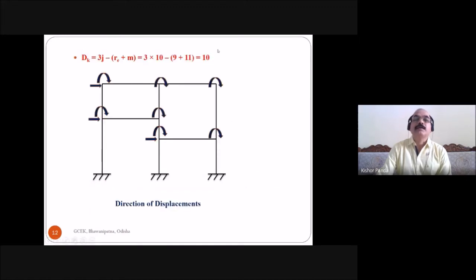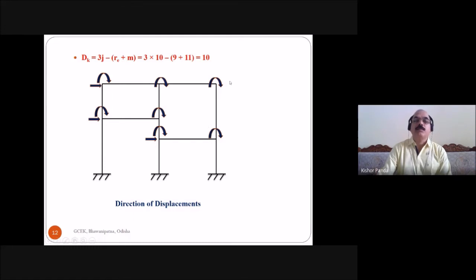For inextensibility, 10, and for extensibility, 21. 21 means here you have to take 3 displacements: horizontal, vertical, and rotational. Here 3, here 3, 6, here 3, 9, here 3, 12, and here also 3, 13, 14, 15, here also 3, 16, 17, 18, and here also 3, 19, 20, 21.